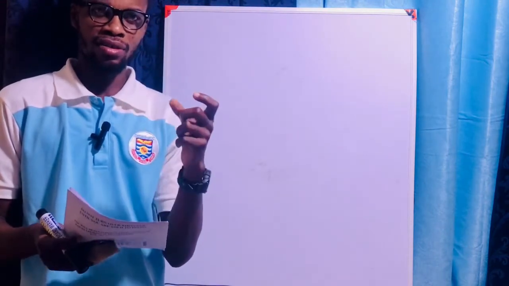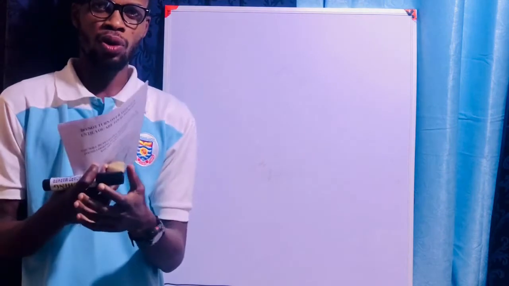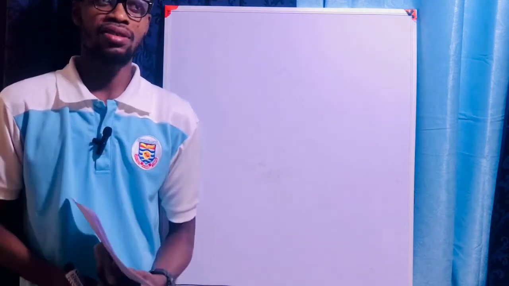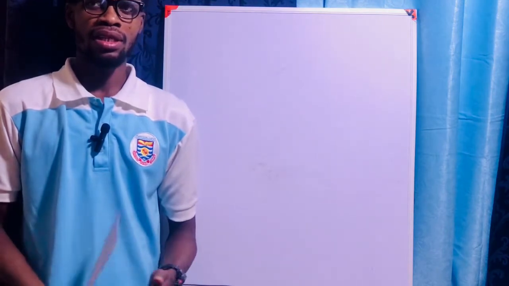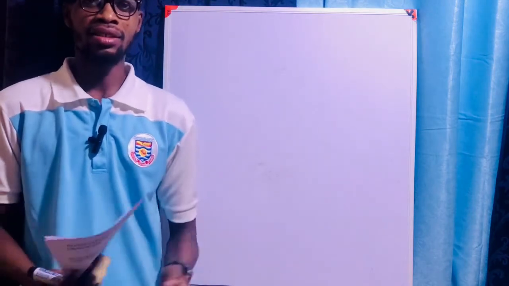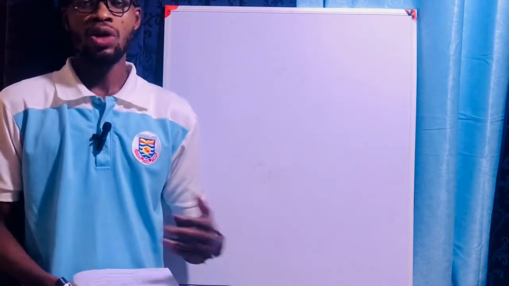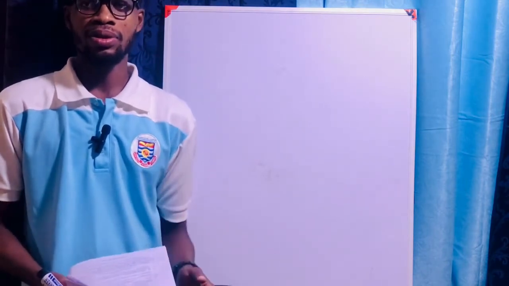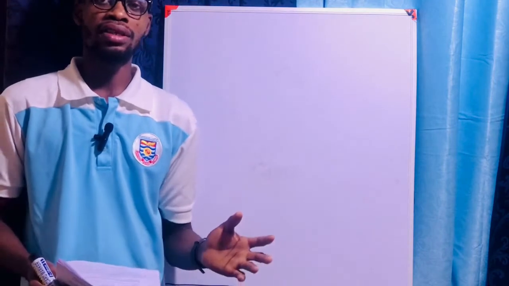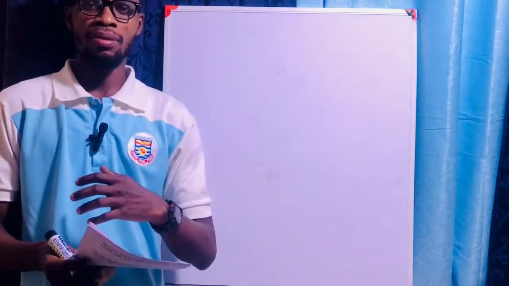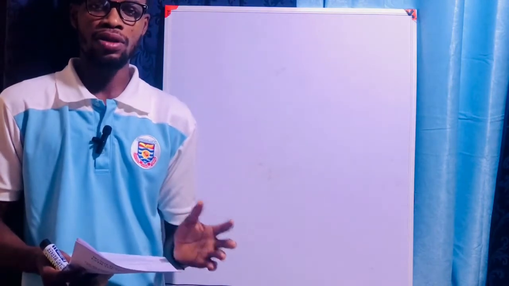The actual distance, if you watched my video on mapping our environment, I said is also known as the ground distance, because the ground distance is the real distance. And this cannot be gotten on paper. You can't measure kilometers on a paper because this distance is lengthy.